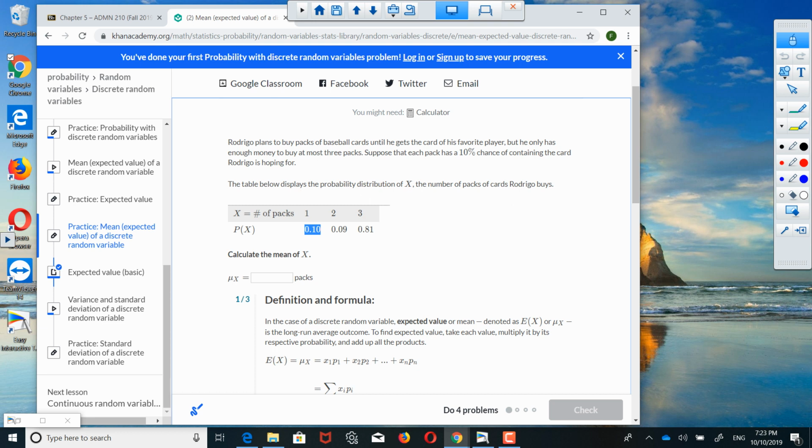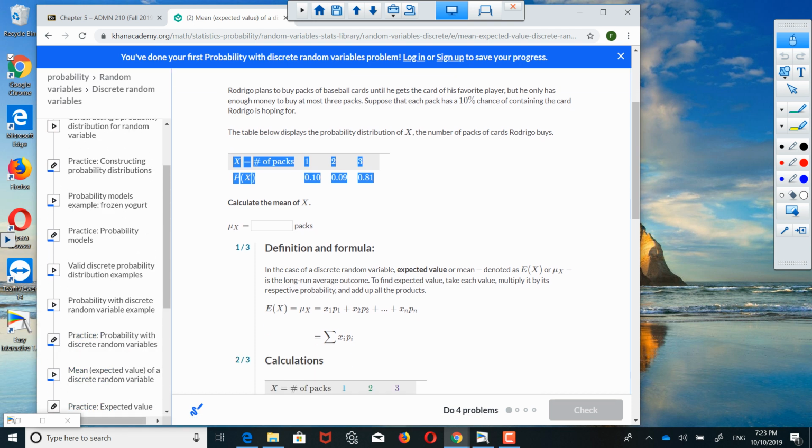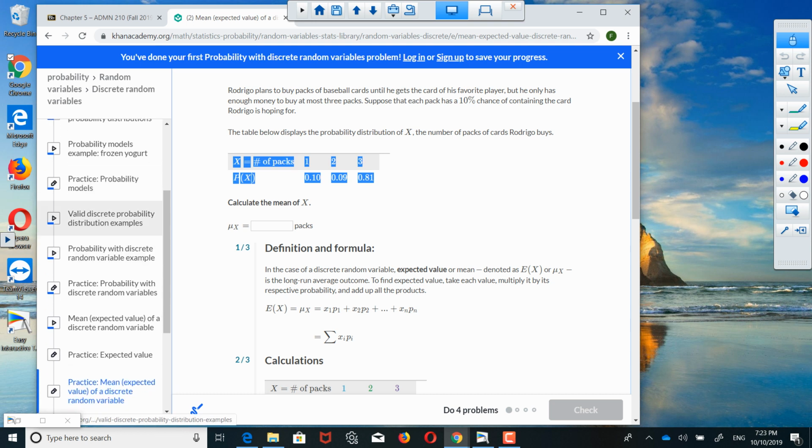And the probability that he is going to buy 2 packs of cards is 0.09, and so on. So this is the probability distribution table.